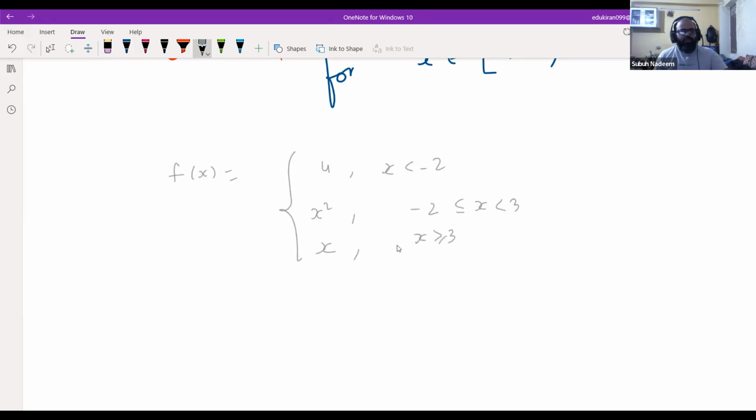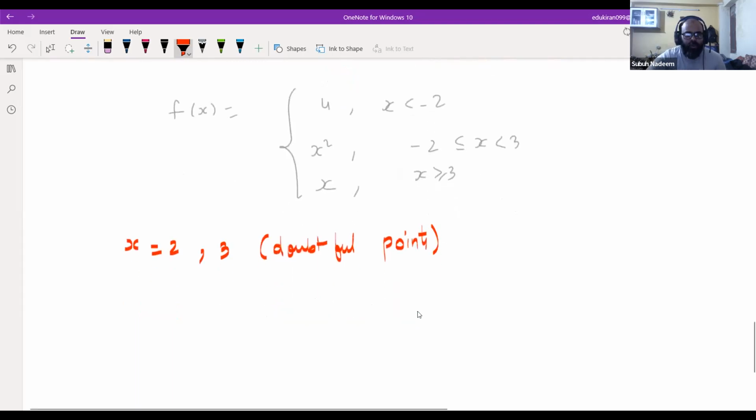Find the points where they are continuous. The doubtful points are x equal to -2 and x equal to 3, because there the function is changing, but we don't know about continuity or discontinuity. So we have to check at these points.